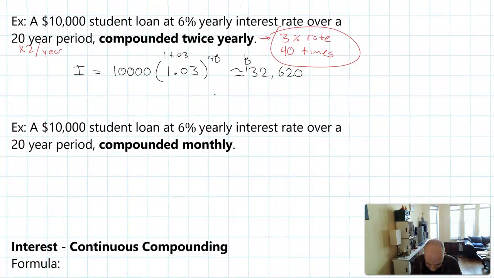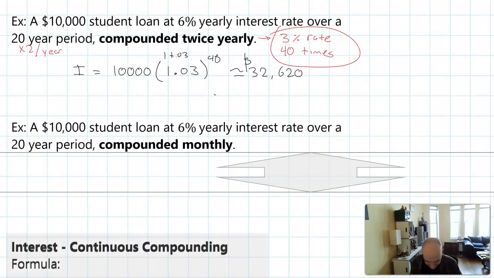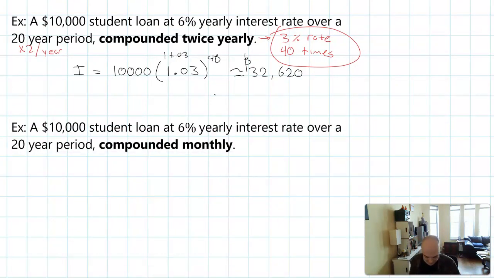And let's see what would happen if you wanted to make a monthly payment on this loan. So if we have a 6% yearly interest rate over a 20-year period compounded monthly, that's 12 times per year. So I would need to do 20 times 12 as the number of payments.